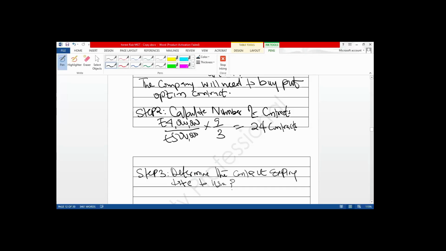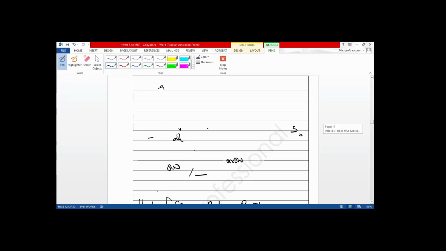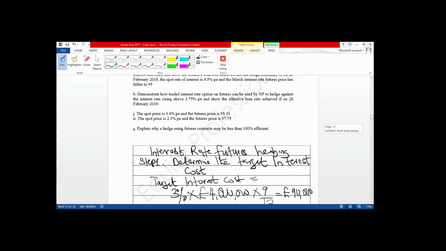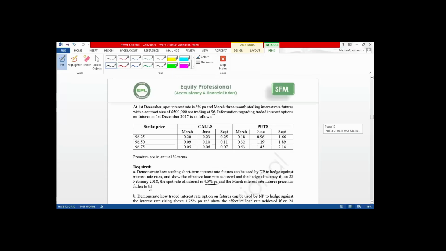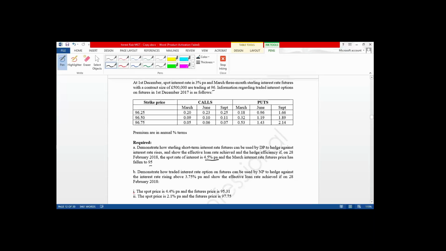Look at the question. You are given 3. We have agreed that for this transaction, we require put. You have put option for March, put option for June, put option for September.